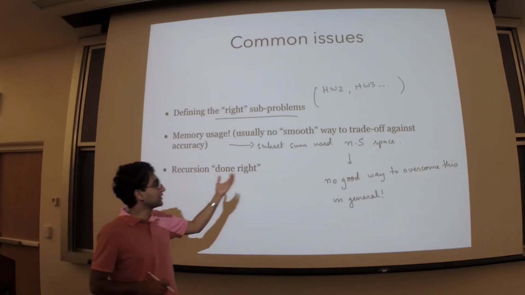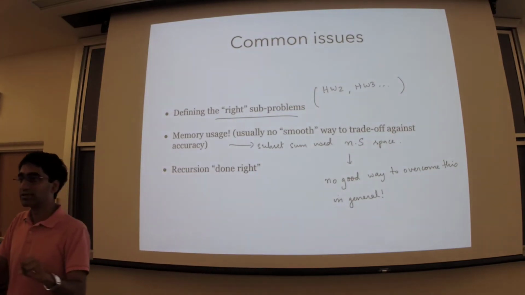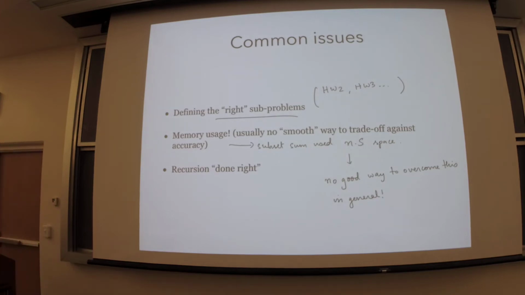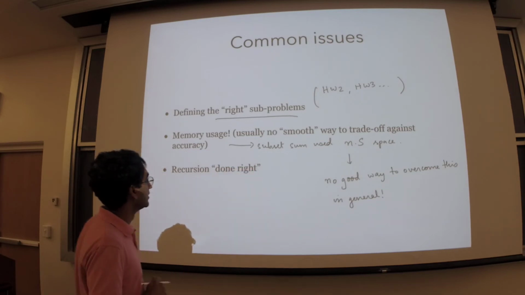This is of particular concern because very often we are okay with time being somewhat large, but we are not okay with space requirements being too large because RAM is usually not that big. It's growing, but it's not huge, right? So this turns out to be a common issue.